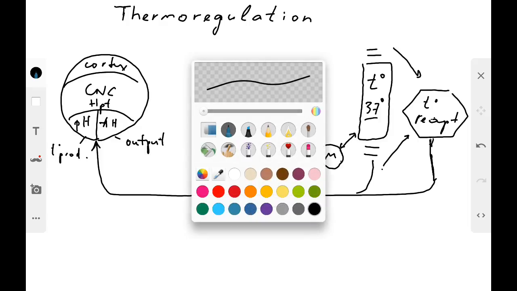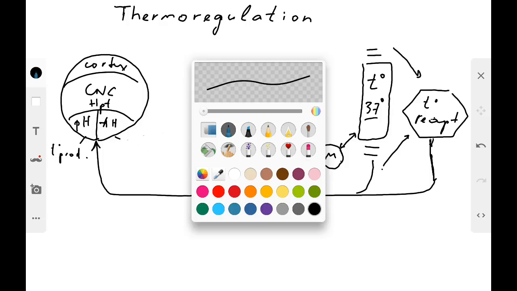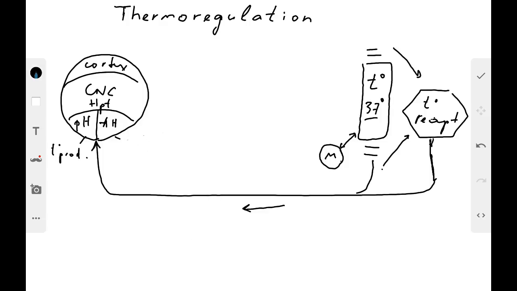Okay, now when the corresponding center of the CNS is activated, for example if temperature differs from the optimal level, then the mechanisms of self-regulation are involved in the control of the temperature.